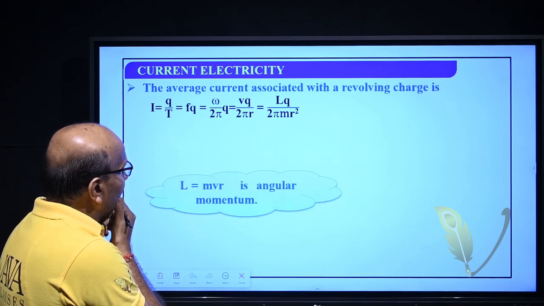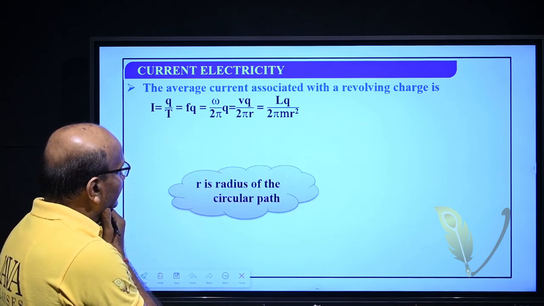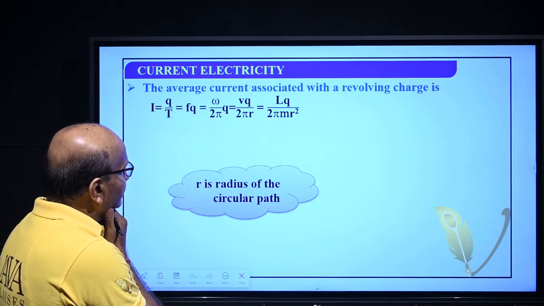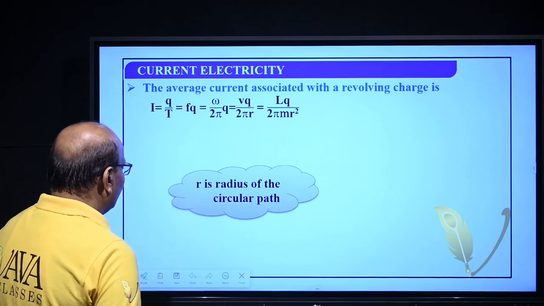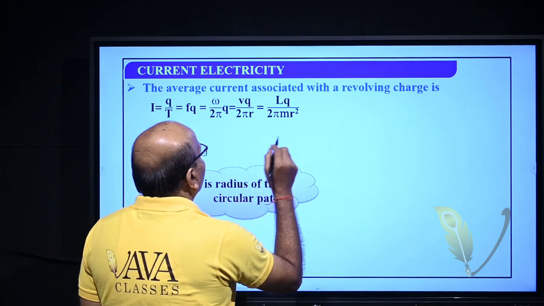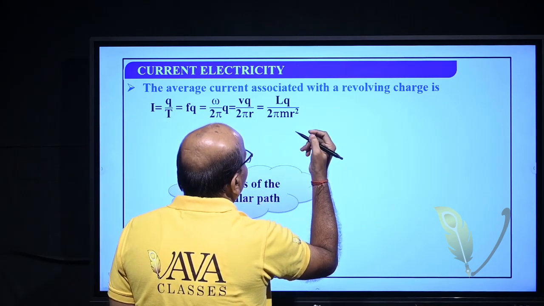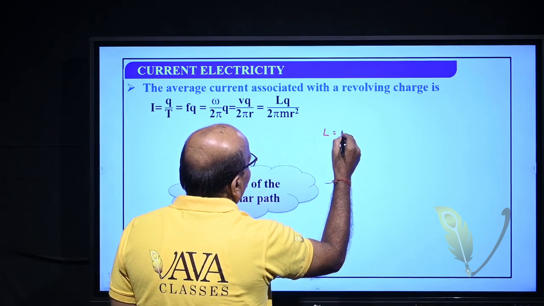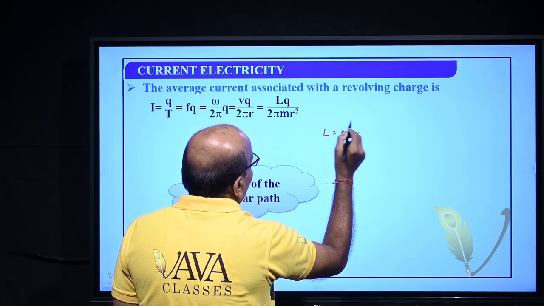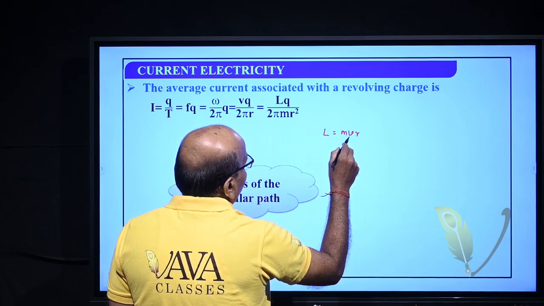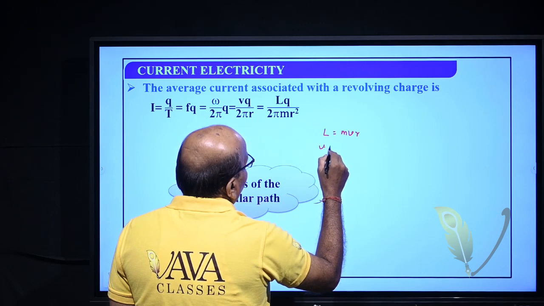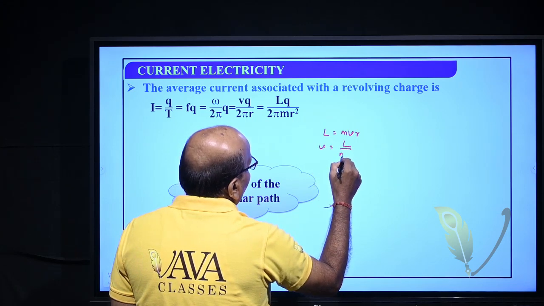L is equal to MVR, the angular momentum, and r is the radius of the circular path. We know L is equal to MVR.